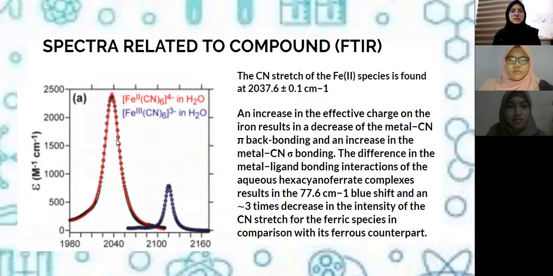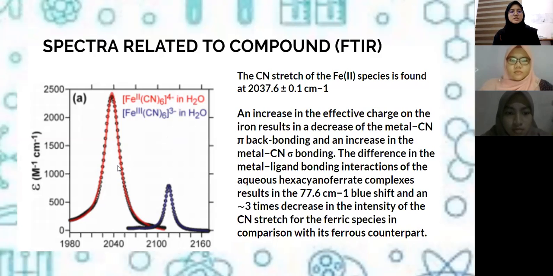The high intensity is because of the metal-ligand bonding interaction. There is a shift of the peak due to the higher oxidation state of Fe3+, which lowers the energy at the metal-ligand bonding, hence the lower intensity.